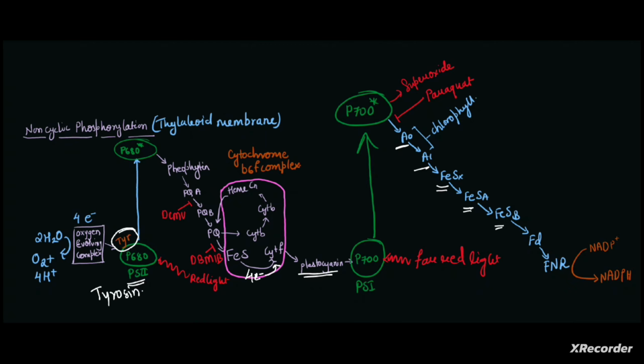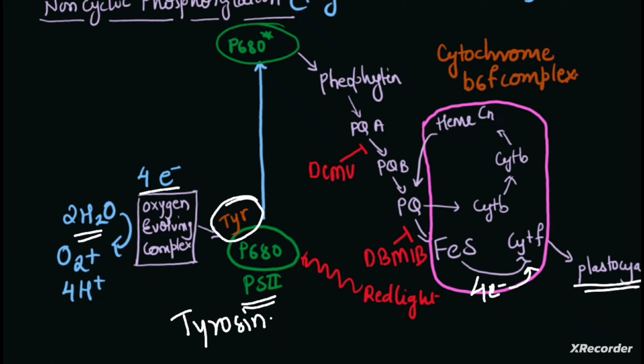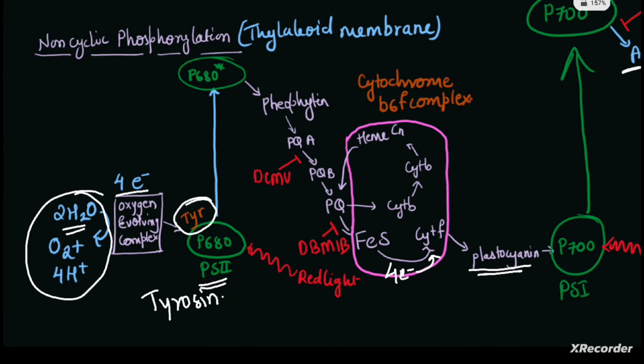So you have your 2 molecules of water here. There are 2 molecules of water which are getting oxidized. 4 protons and 4 electrons are passed on, and this reaction is carried out by the oxygen evolving complex. Oxygen evolving complex, as per the name, is involved in evolving oxygen.